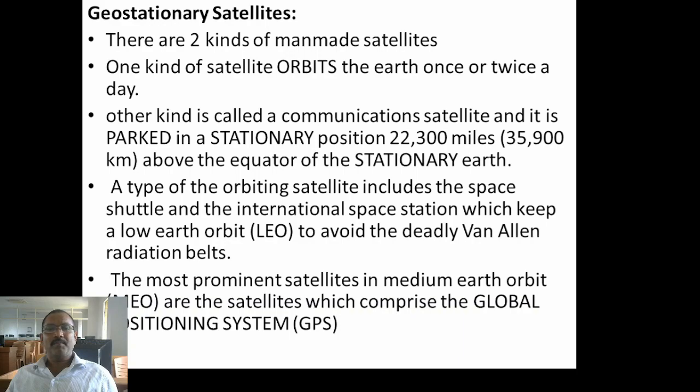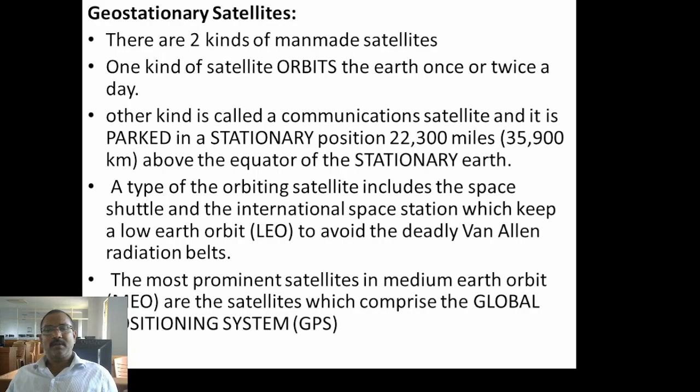A type of orbiting satellite includes the space shuttle and the International Space Station, which keep a low Earth orbit to avoid the deadly Van Allen radiation belt.